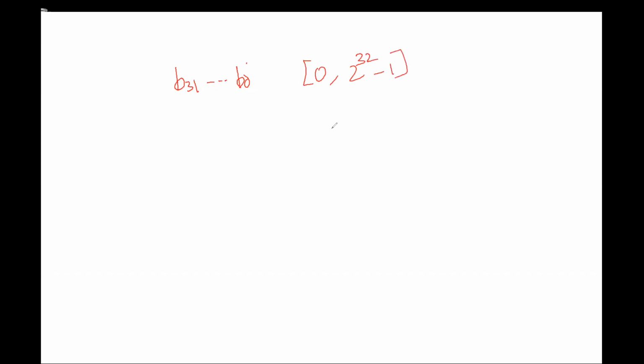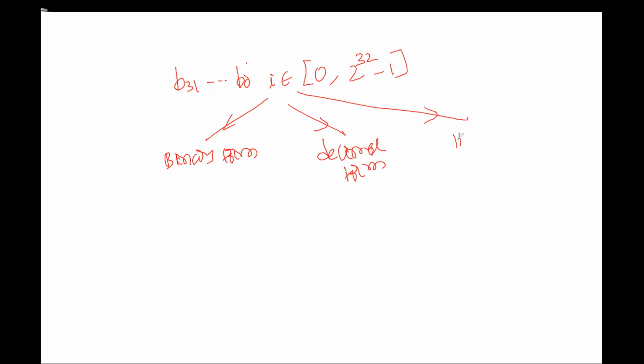If you pick an arbitrary number I in this range, you can represent it in binary form, or in decimal form, or in hexadecimal form. They are all equivalent to each other, but the representation or encoding of I is different.